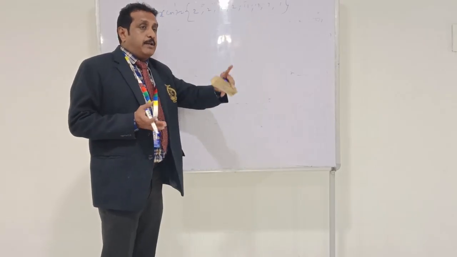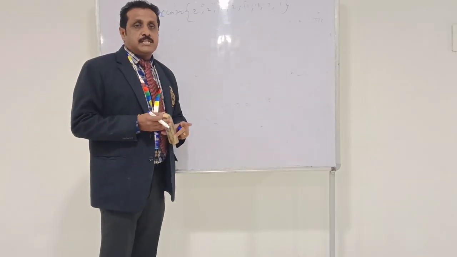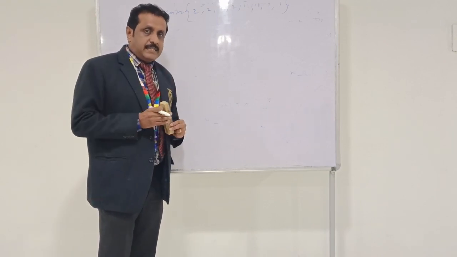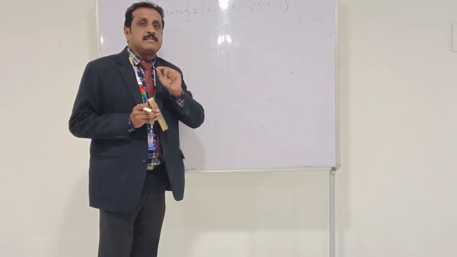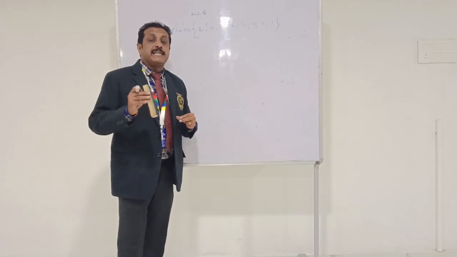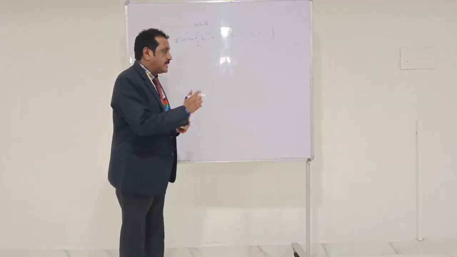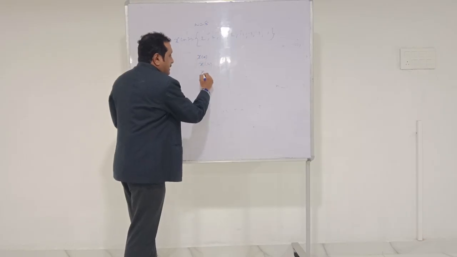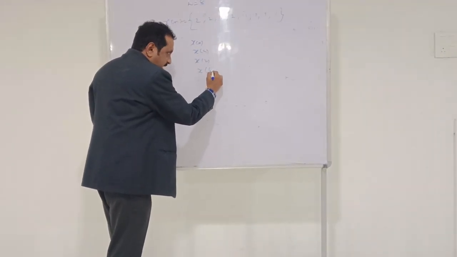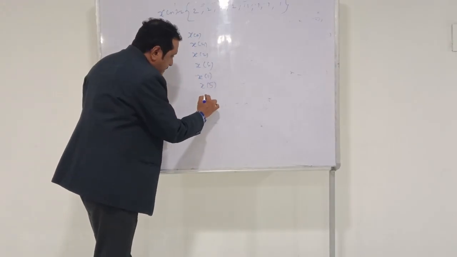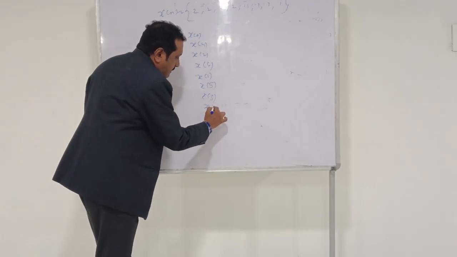For avoiding that, we go for DIT, decimation in time. The first step of the DIT is that the input is in bit reverse order. Whatever sequence is given should be altered in the bit reverse manner. The bit reverse order is x of 0, x of 4, x of 2, x of 6, x of 1, x of 5, x of 3 and x of 7.